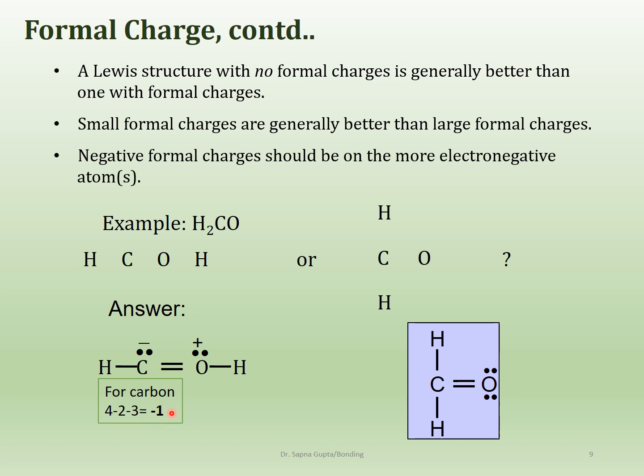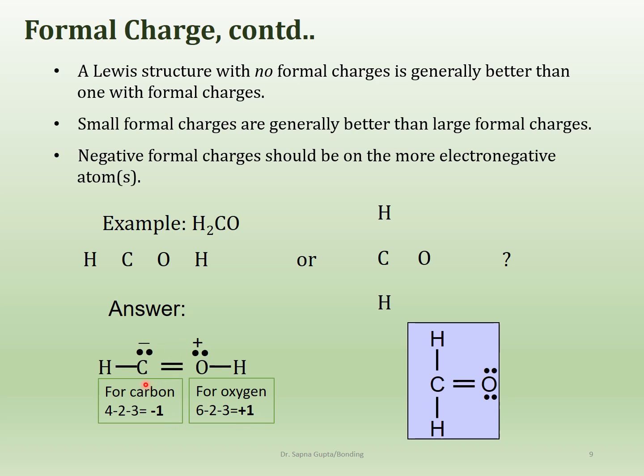So carbon has a negative 1 charge. You do the same calculation for oxygen: oxygen has 6 valence electrons, 2 electrons left over that are not bonded, and 3 electrons that are bonded. By the time you calculate the charge here, this is plus 1.